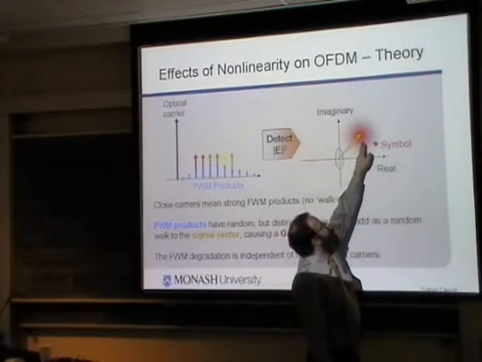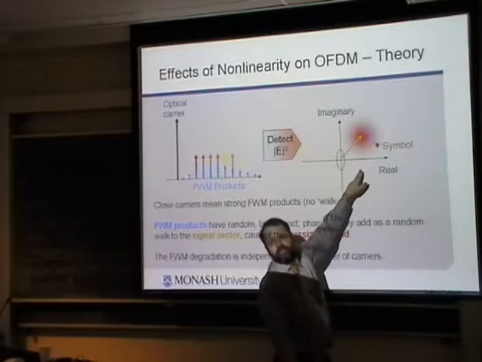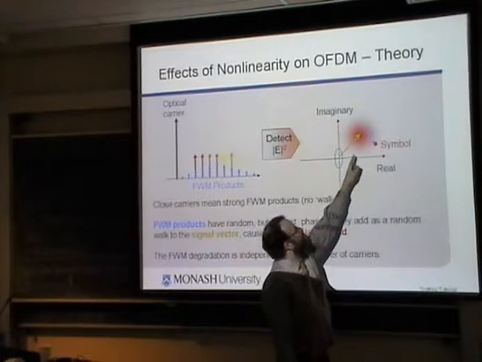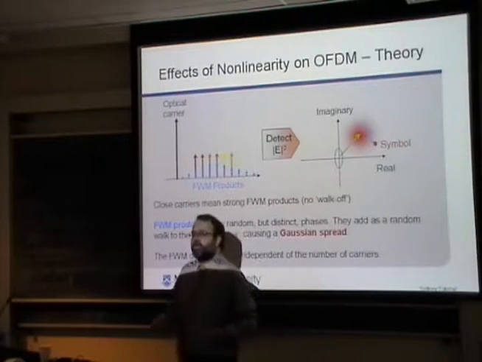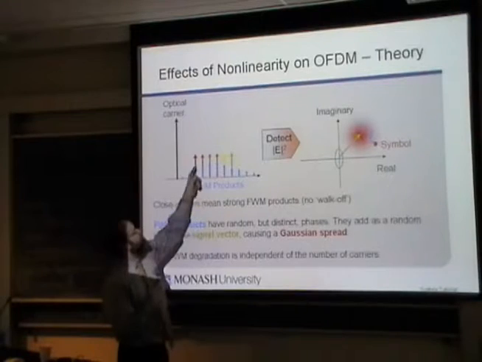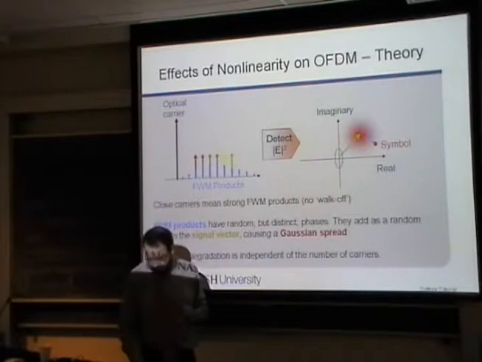And you don't want that vector to sort of come down to here across the axis, otherwise you'll get an error. These little four-wave mixing products act like a random walk. They're all random phases because the things that generated them are fairly random phases.